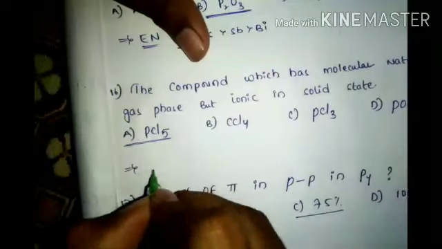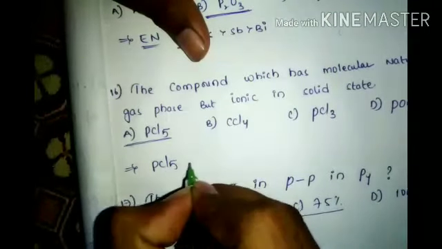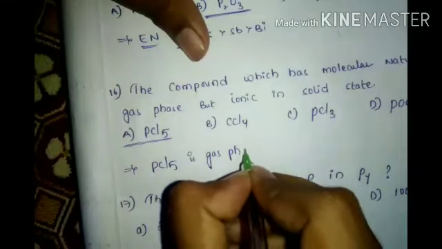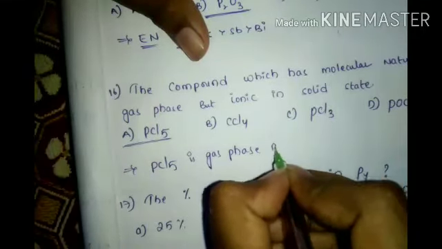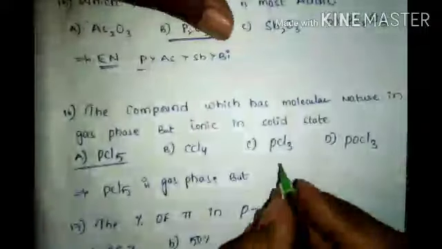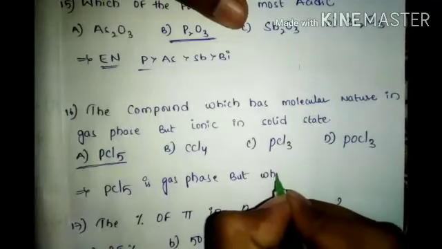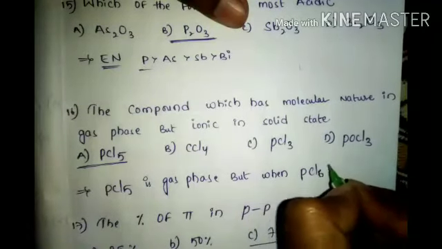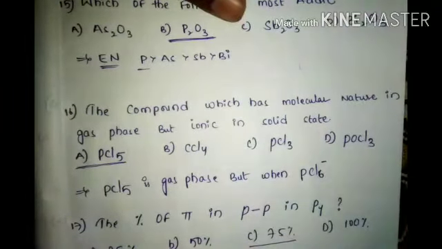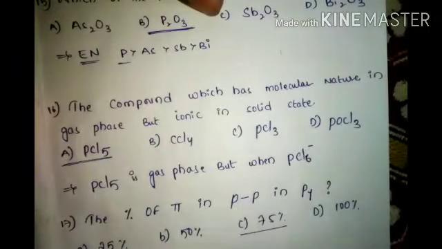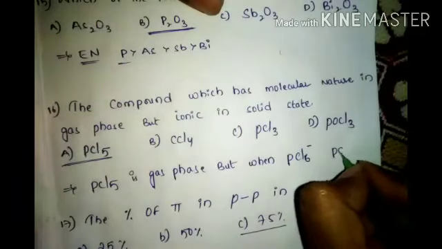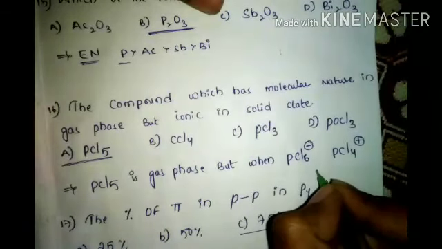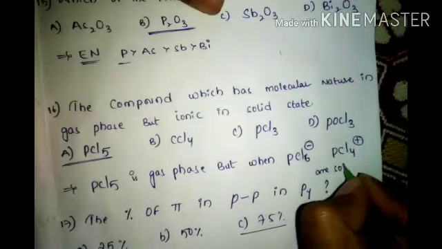PCl5 is in gas phase, but PCl6 minus or PCl4 plus are solids.